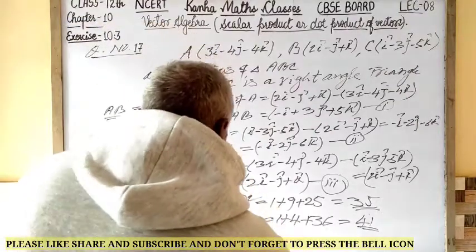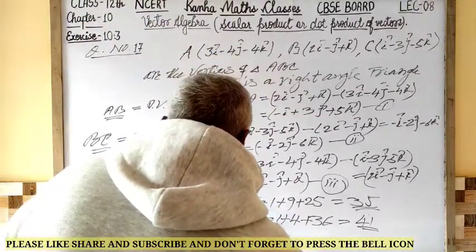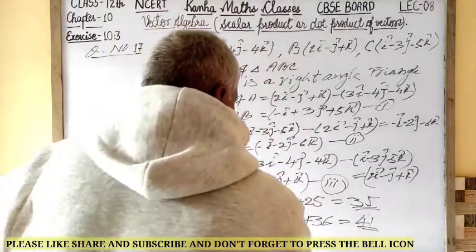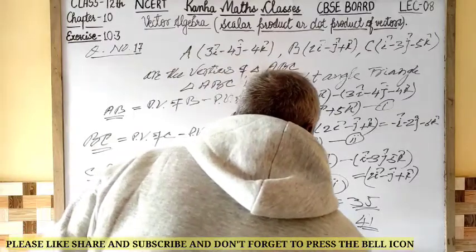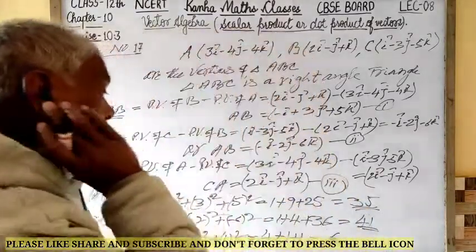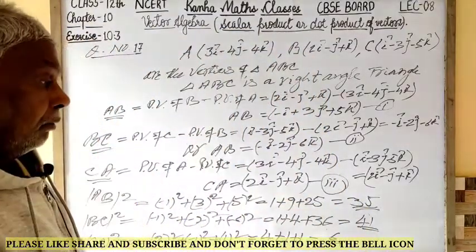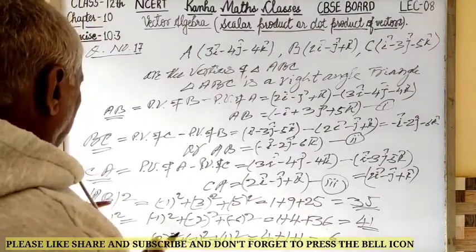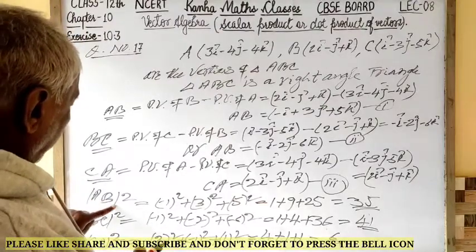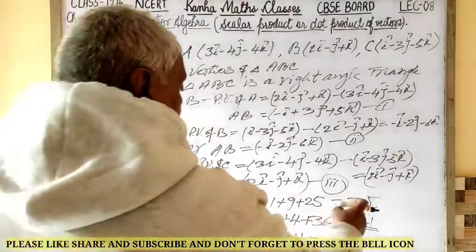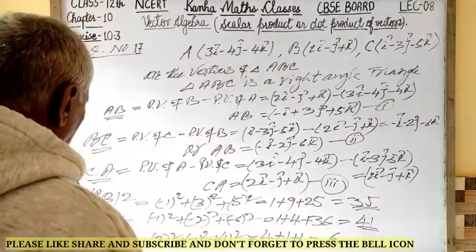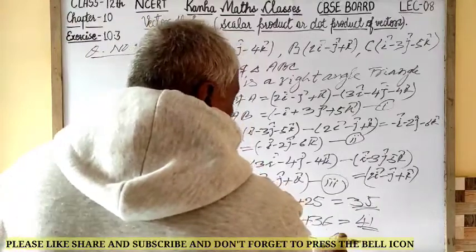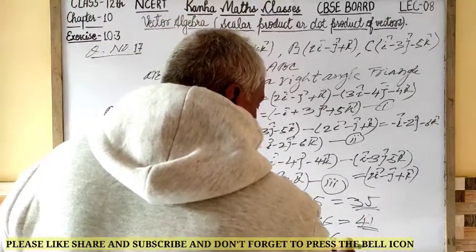This is 4 plus 1 plus 1, equal to 6. If you observe minutely, you will see that the sum of the square of the magnitude of side AB, 35, and the square of the magnitude of side CA, 6, is equal to 41.